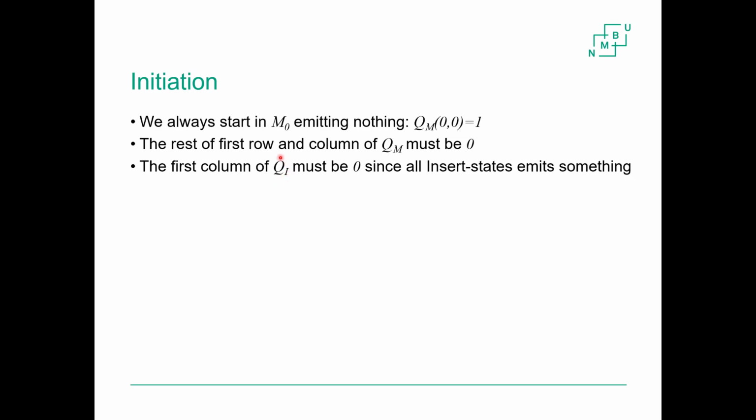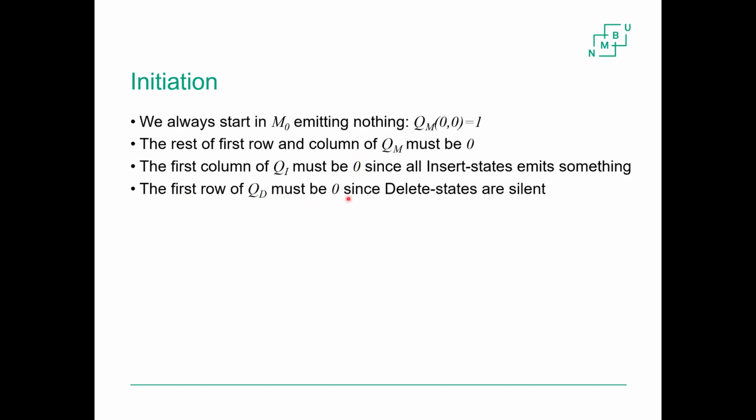Well, in this QI matrix, the first column must be 0. And that's because, remember again, the first column corresponds to this empty symbol. And since all insert states emit something, we cannot emit the empty symbol. So you cannot visit the insert states without introducing a symbol. So that's why we can fill in zeros in the first column of this one.